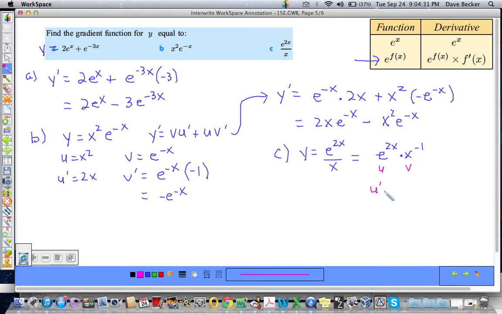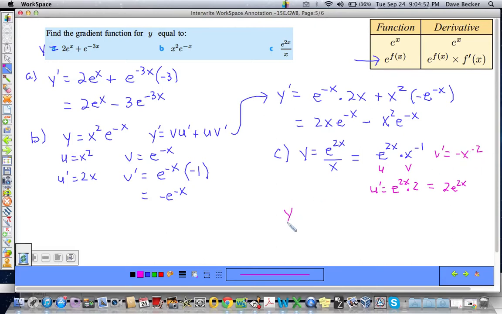So u prime is going to be equal to e to the 2x times 2, which is equal to 2e to the 2x. And let's see, v prime I'll put over here. V prime is going to be equal to x to the negative 1 is going to be negative x to the negative 2.